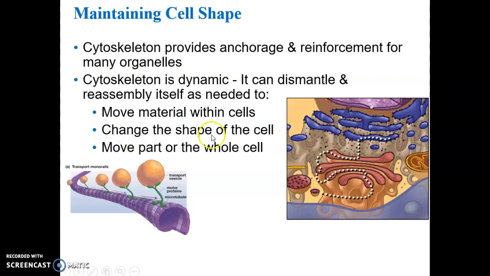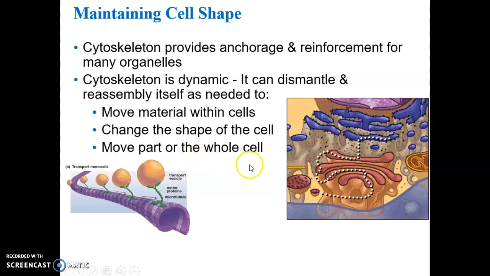The cell shape can change because of the cytoskeleton. Some cells, like white blood cells in your body, can roam around in your tissues and engulf bacteria. So movement of the plasma membrane is done by the cytoskeleton.